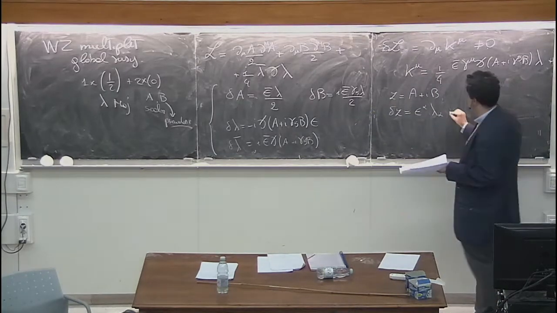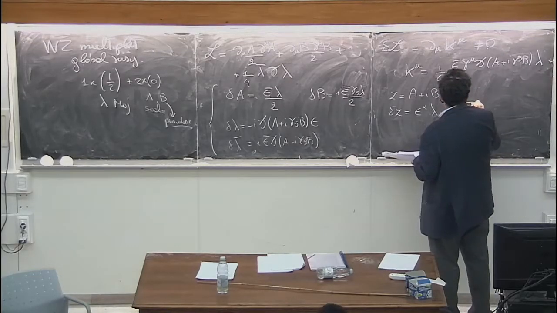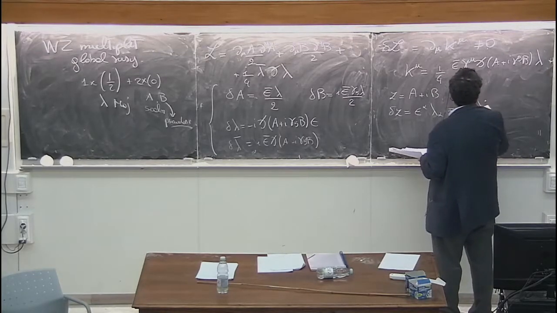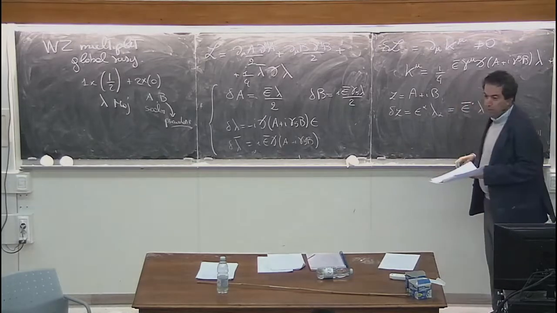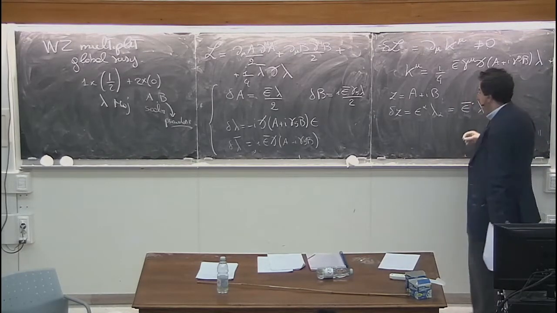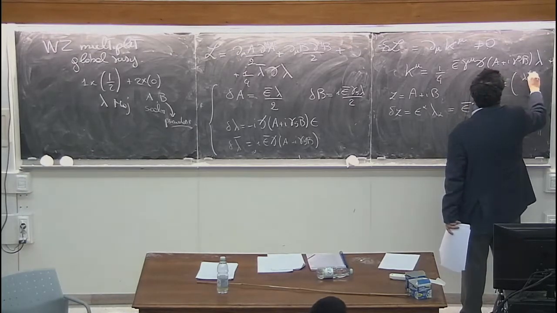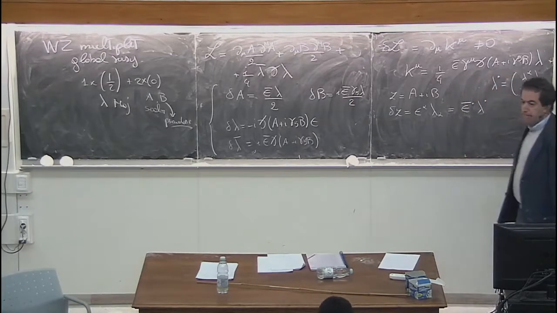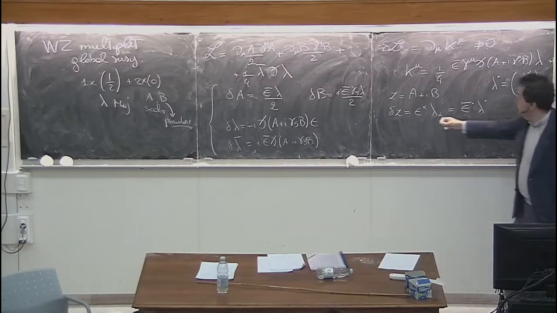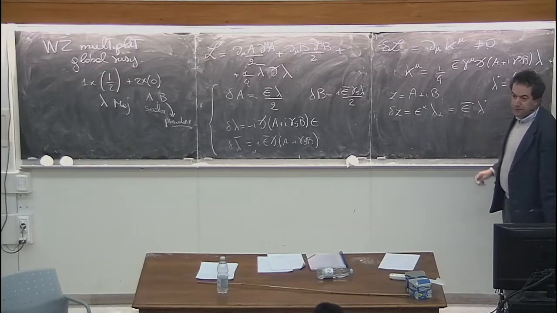Or if you want, epsilon bar dot lambda dot, where this means the upper component, okay? That is the chiral component. This is the two-spinor notation, not the four-spinor notation.